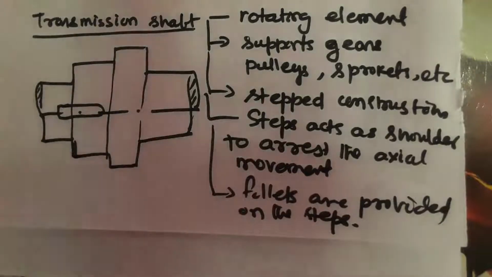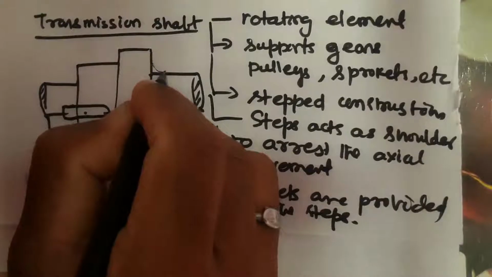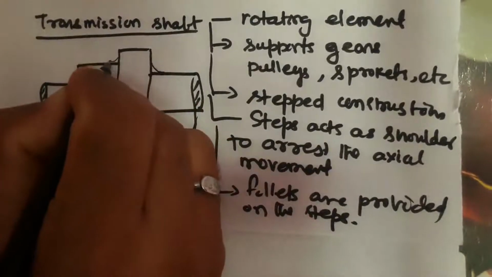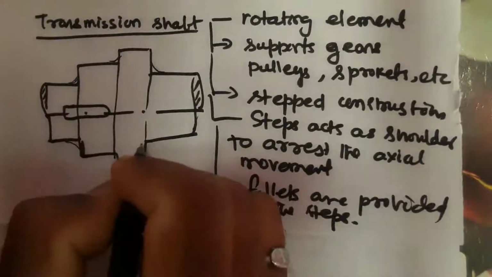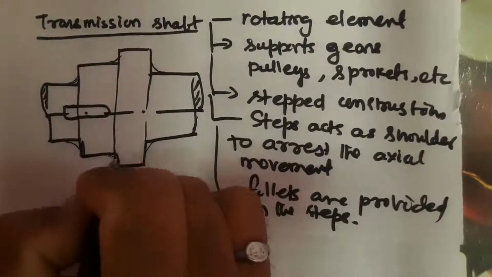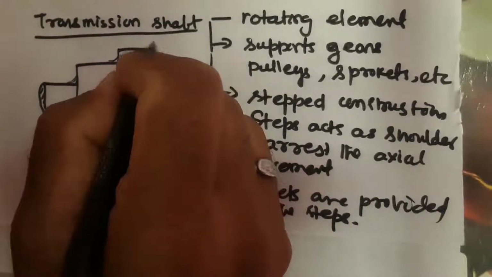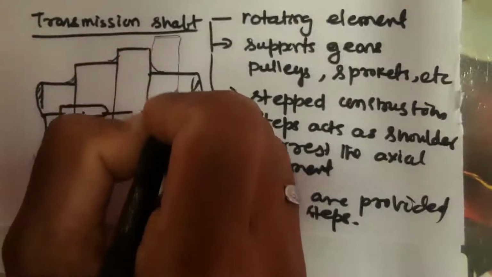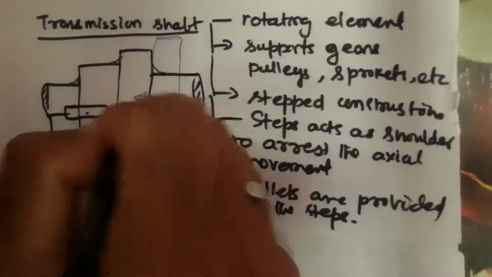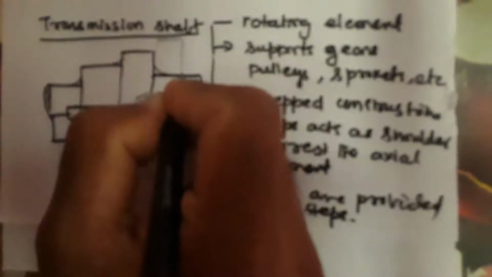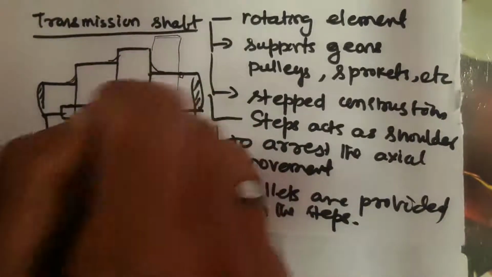So based on this requirement, these sections are normally filleted, at the positions where there is certain change of cross section. And suppose a pulley is going to rest on this, so that it will freeze the axial movement along this direction. You can put a small lock here so that the total movement of the pulley will be restricted.